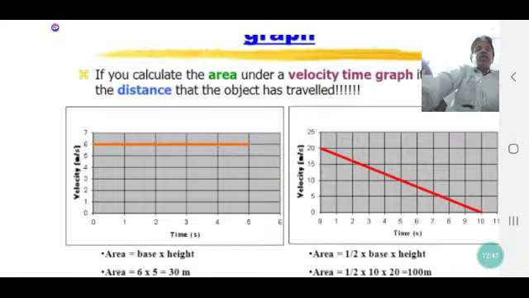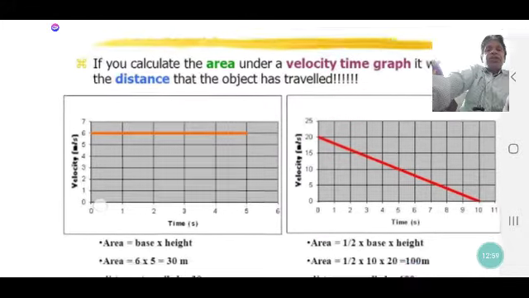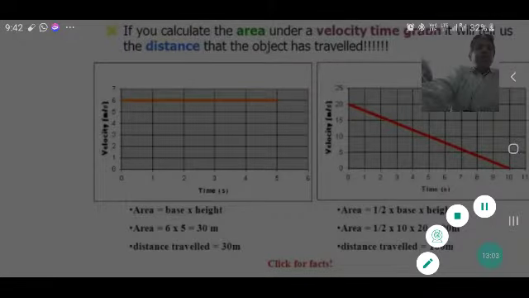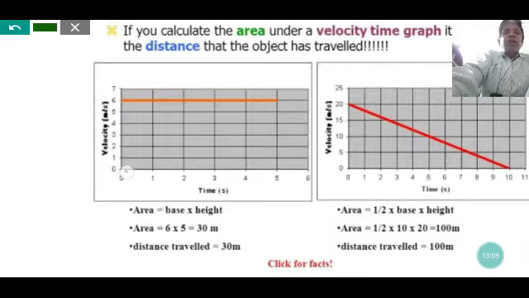Now the main objective, how to find the area under the velocity time graph. Take the time interval 0 to 5 seconds, and from this point we draw a perpendicular line that cuts the graph.